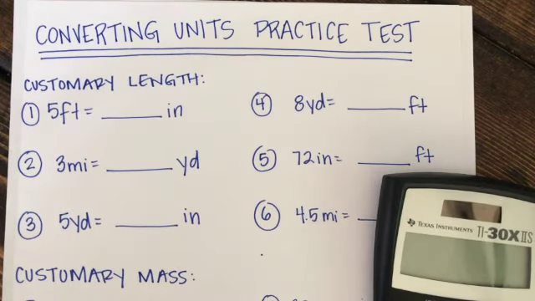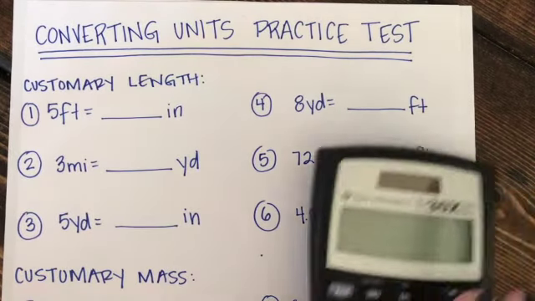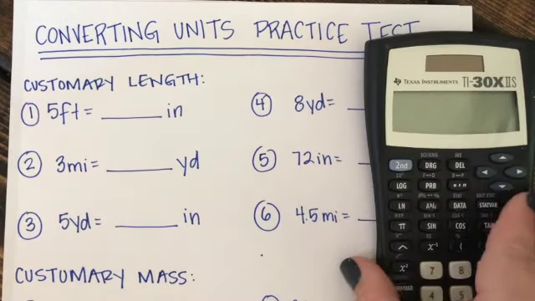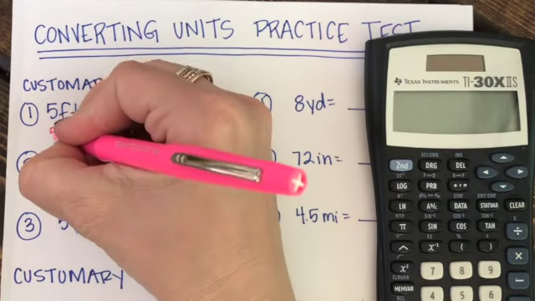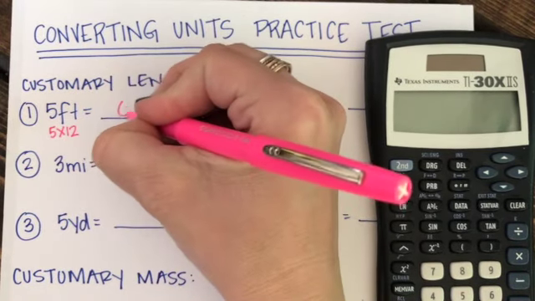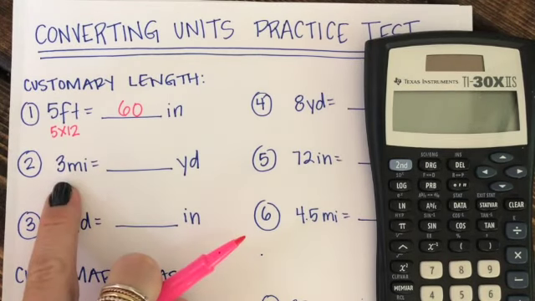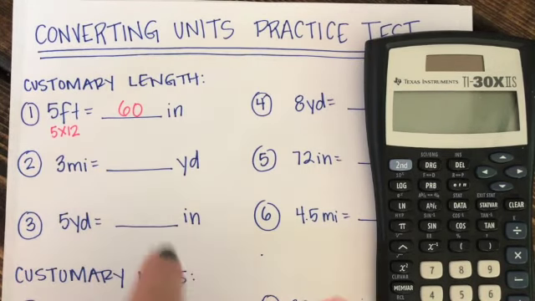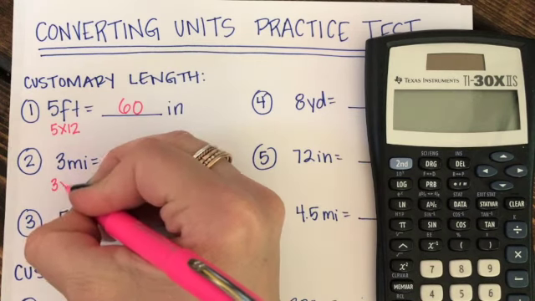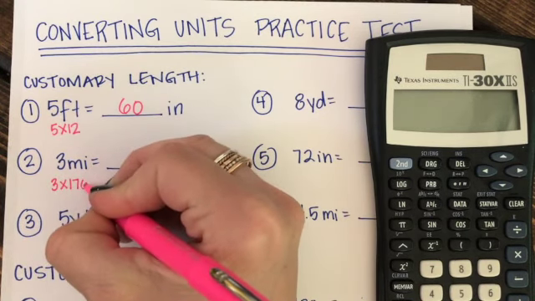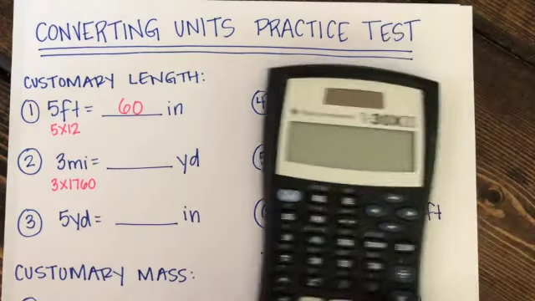Okay, so first thing, 5 feet is how many inches? Well, there's 12 inches in every foot. So 5 times 12 would be 60 inches. Okay, the next one, number 2, if I have 3 miles, how many yards is that? So I have 3 miles times, there's 1,760 yards in every mile.